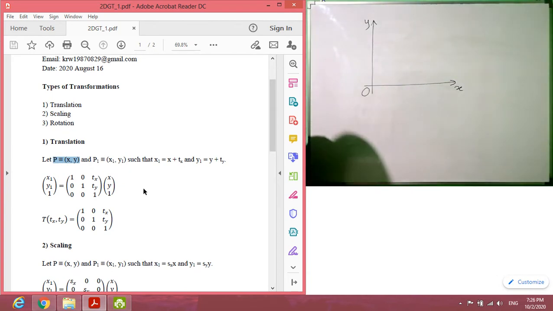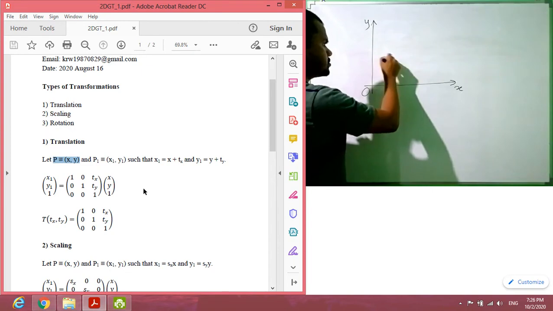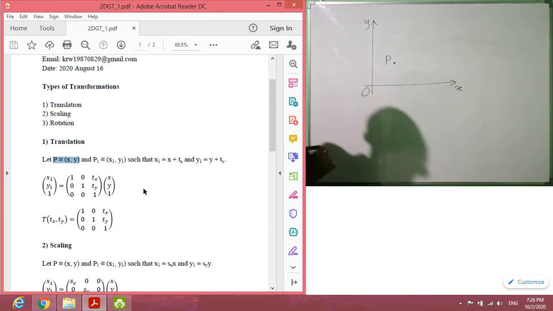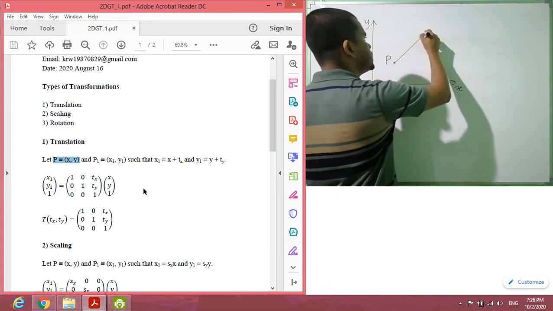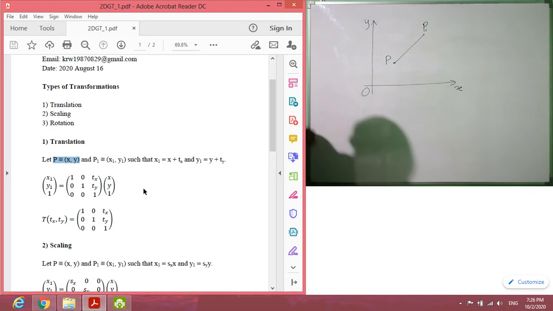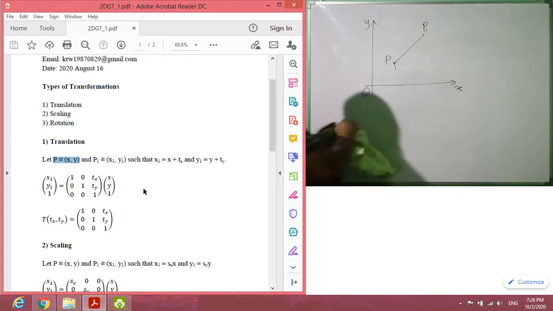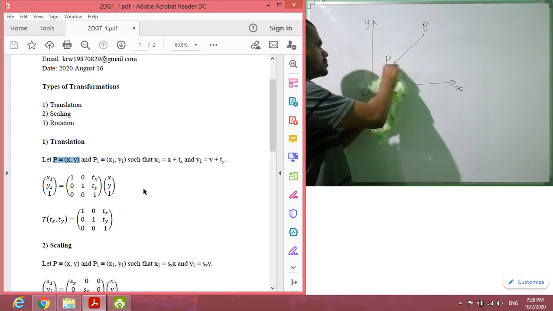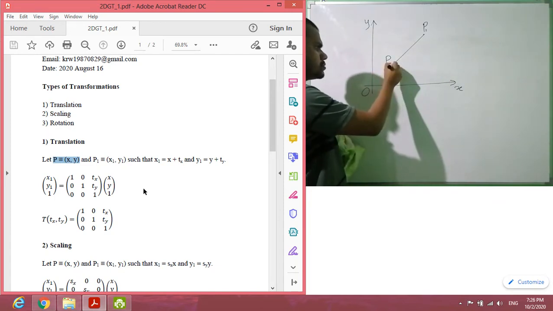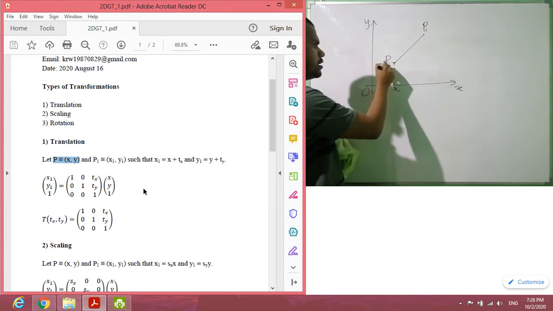Now we have a point P. It moves here and to this position. Now the coordinates of point P, that is x and y.